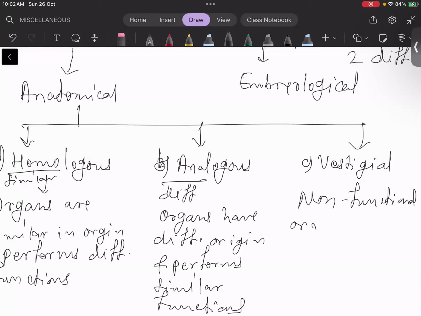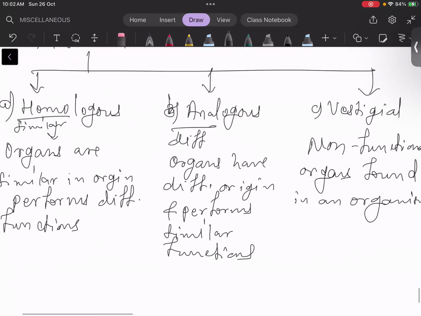Non-functional organs found in an organism but present and functional in ancestors. That is called what? Vestigial organs.